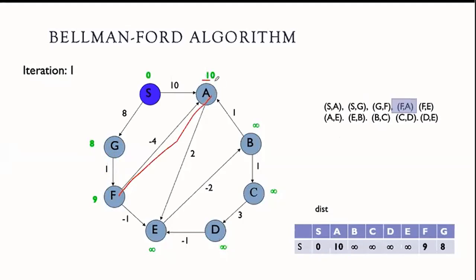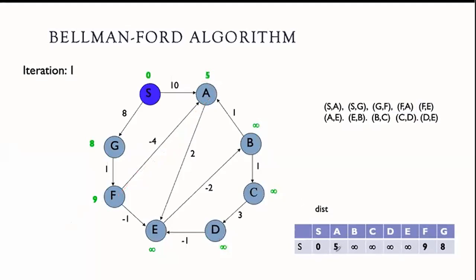Already distance of A, 10, is there. Now we got a new edge to A. It's distance of F plus weight. Okay, 9 minus 4 is 5. 5 is less than 10. So update the weight of A. It will become 5.